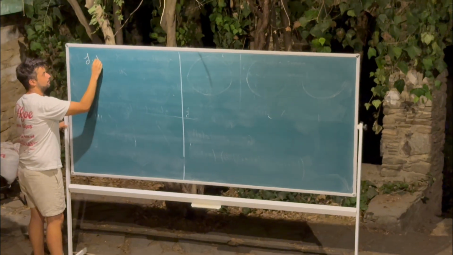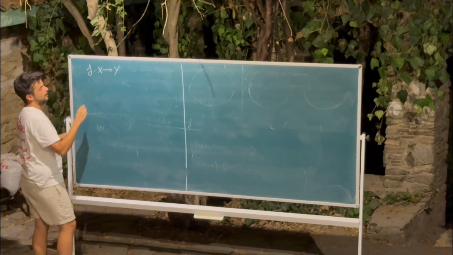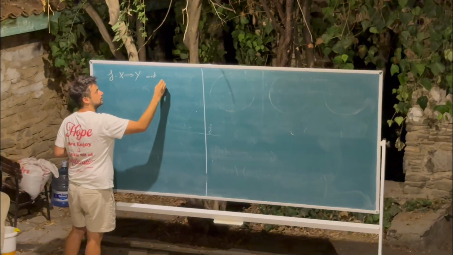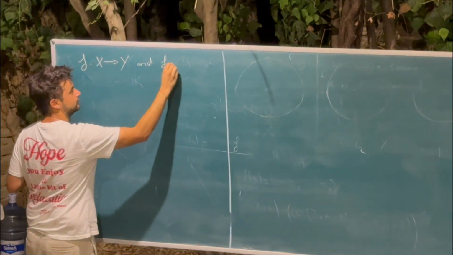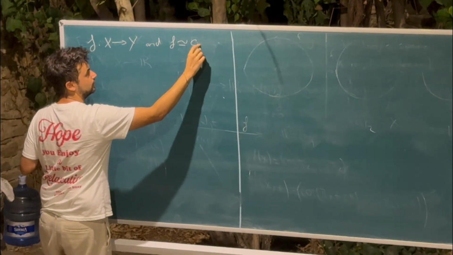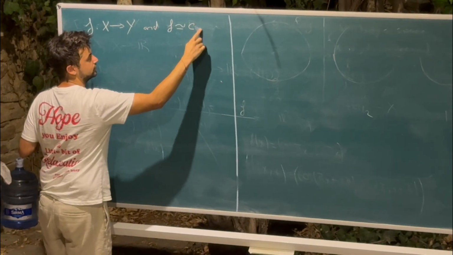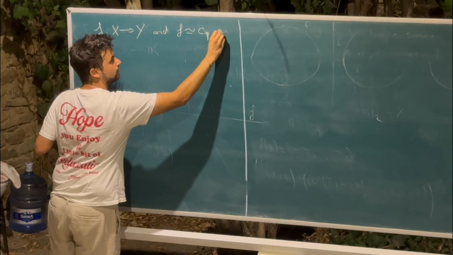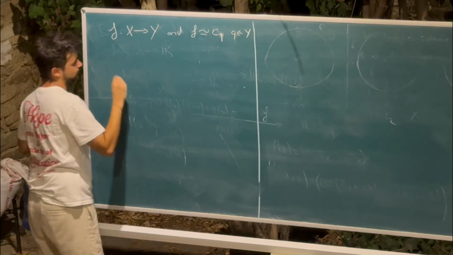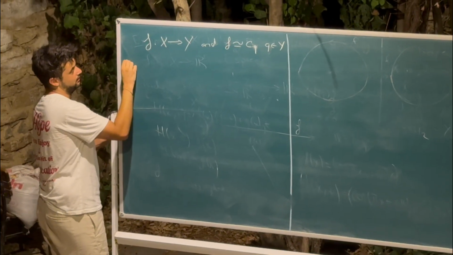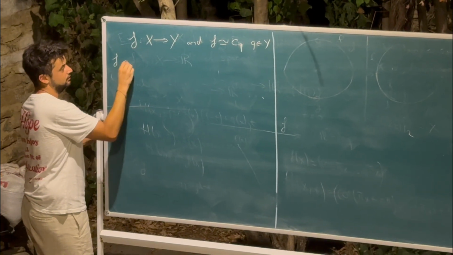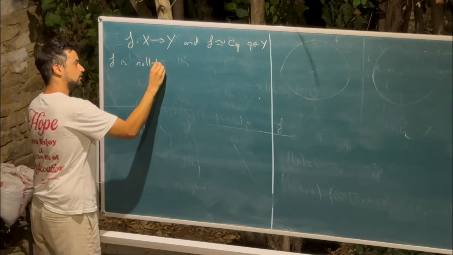If we have a map from X to Y, and suppose F is homotopic to the constant map, let's call it Q, for some Q in Y. If this happens, we say F is null homotopic.